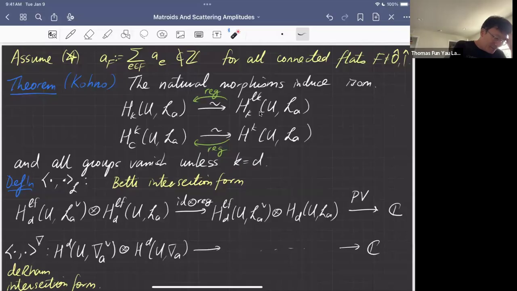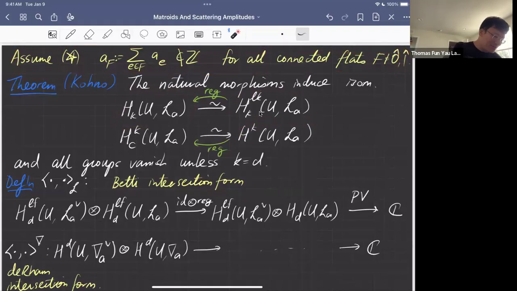The map from homology to locally finite: if I have a D chain, I can think of it as a locally finite D chain. If I have a compactly supported differential form, it is also a differential form. So that induces the natural map, and these natural maps induce isomorphisms under this assumption.